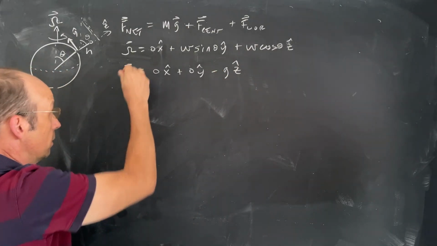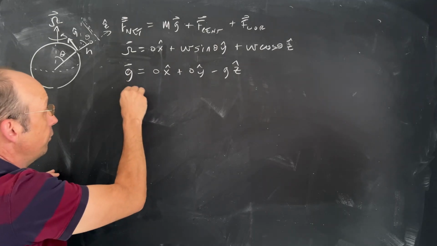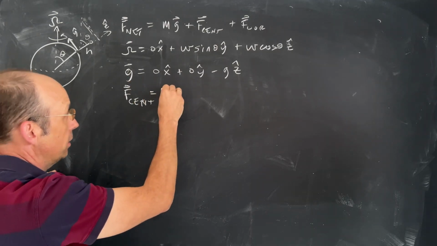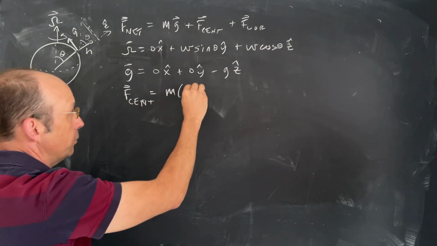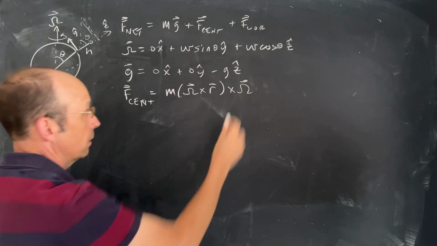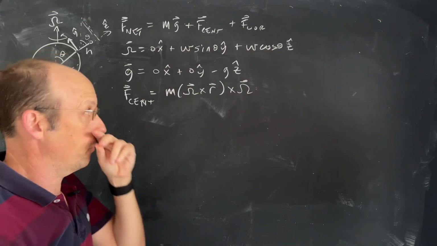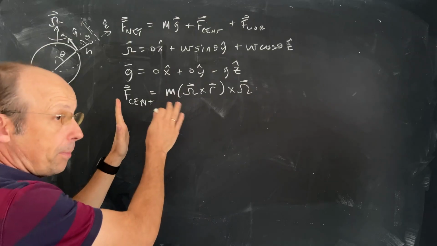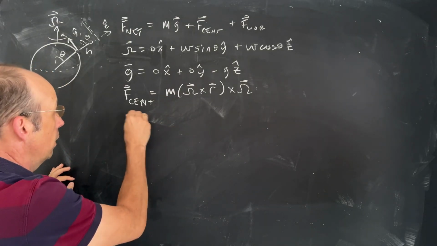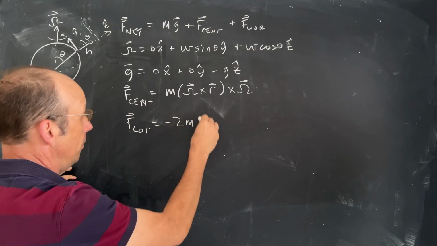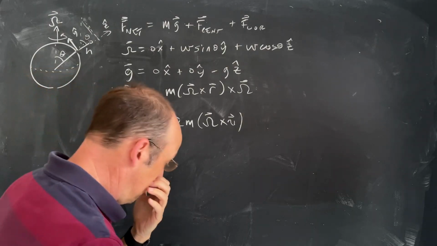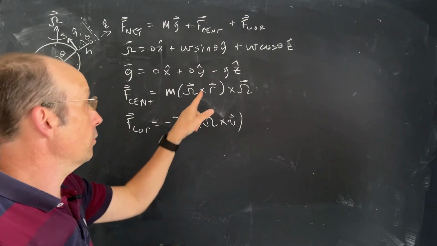Then finally, the centrifugal force, F cent, we can calculate as m times omega cross r cross omega, that way we get a vector for that. But this is going to be pretty small, and I'm going to tell you something about this in just a second. And then the Coriolis force, F cor, is negative 2m omega cross v.